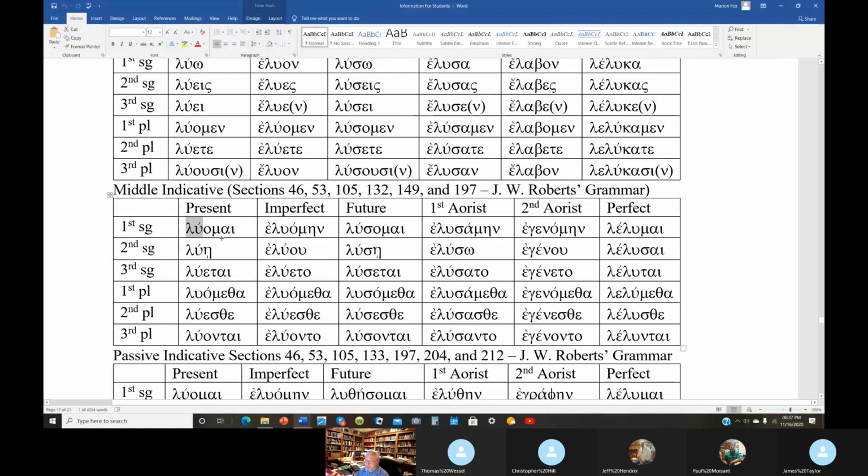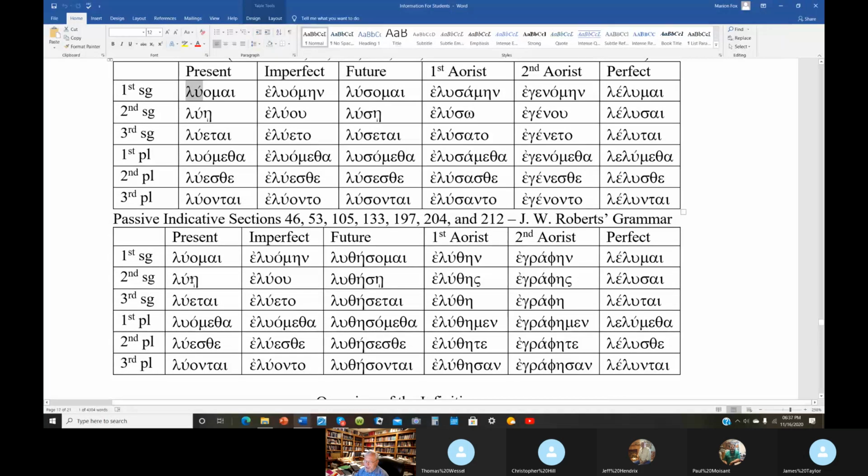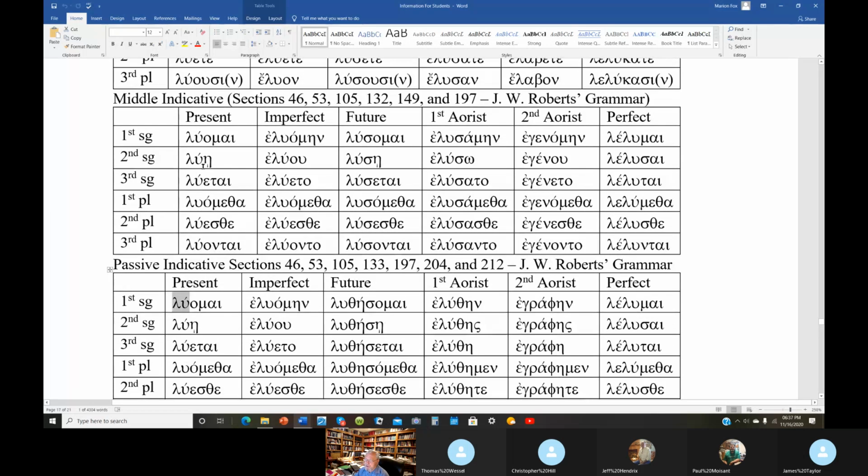That will be your middle form. Remember also the passive will be the same as that. So again, you take your verb stem, just add omai, ei, etai, ometha, esthe, ontai. Same thing will happen with your passive. Take your verb stem, omai, let me do that again. You have omai, ei, etai, ometha, esthe, ontai, same as your middle voice.